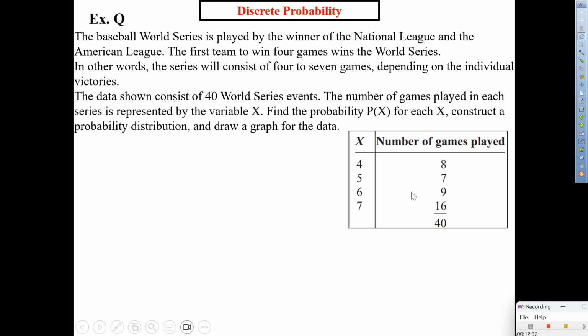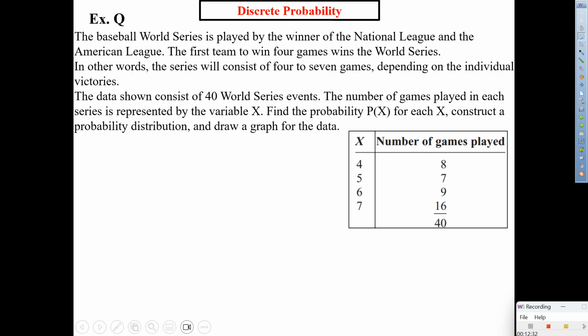So with that said, start with the first one. It reads, the Baseball World Series is played by the winner of the National League and the American League. The first team to win 4 wins the World Series. In other words, the series will consist of 4 to 7 games, depending on individual victories.